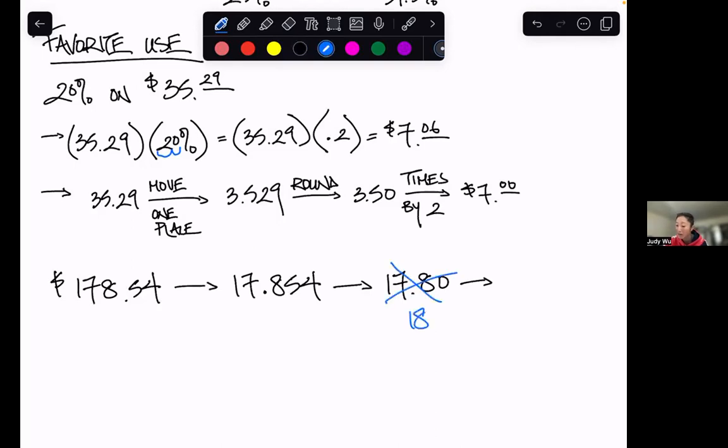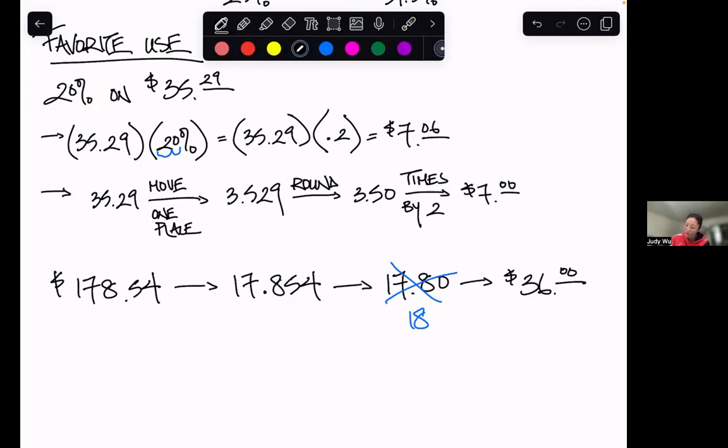It's close to $18. 18 times 2 gives me $36. And so I should pay a tip of about $36 if I want to pay a 20% tip. So this idea of moving the decimal place, rounding, and then timesing by 2 is a great way to estimate 20%.